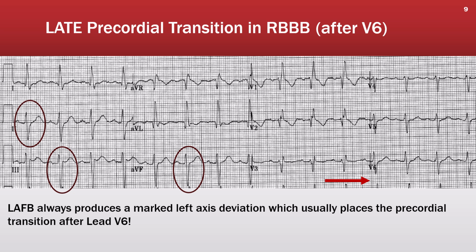Now, a left anterior fascicular block often accompanies a right bundle branch block, but it produces a marked left axis deviation, which almost always moves the precordial transition after lead V6. But it's still a valid determination because even in right bundle branch block, whether or not there is a left anterior fascicular block, we can still determine the precordial transition.